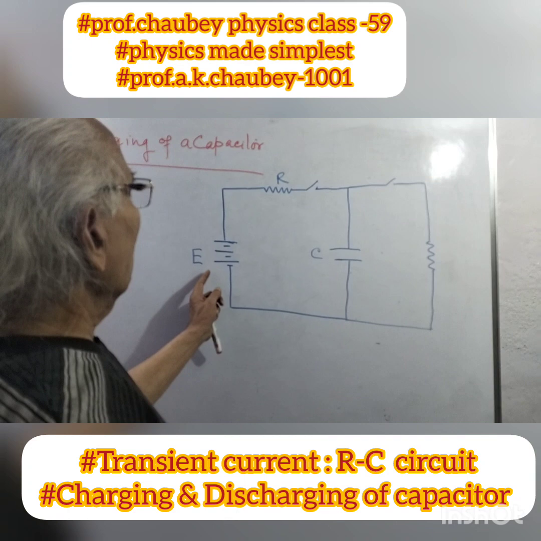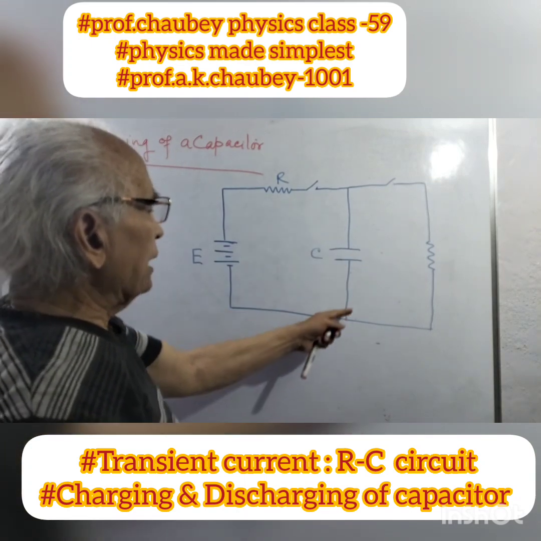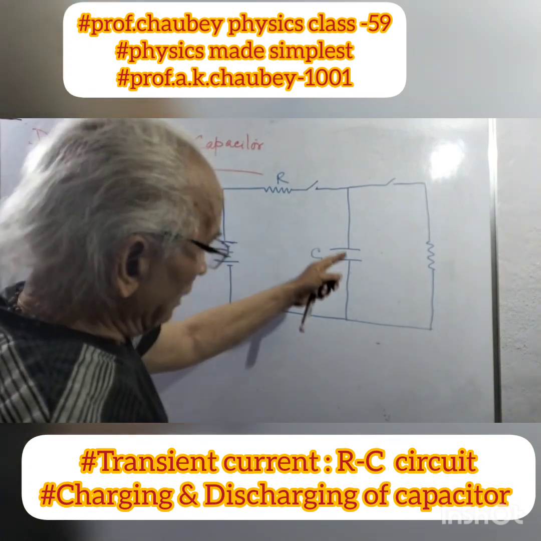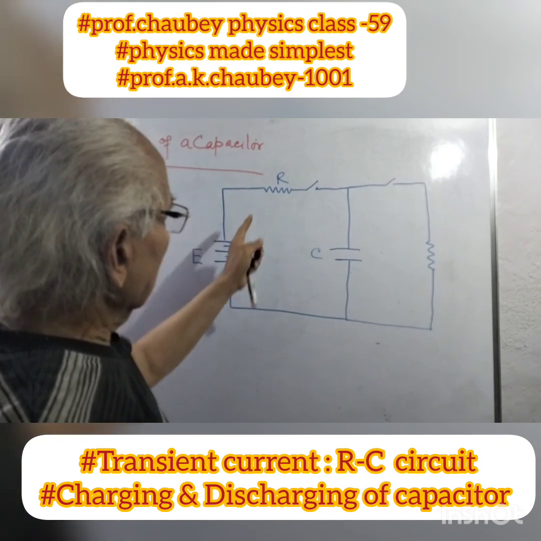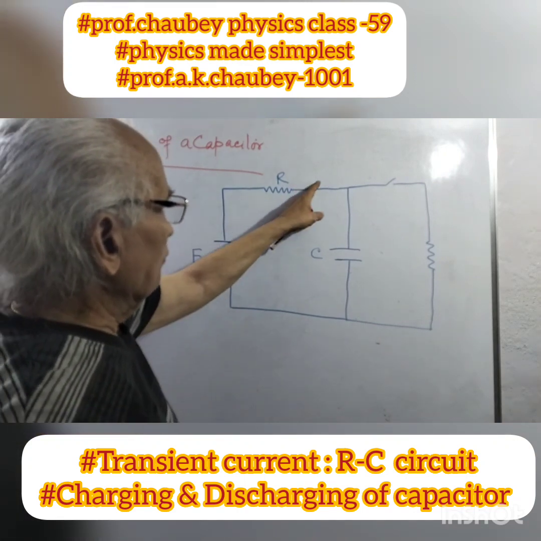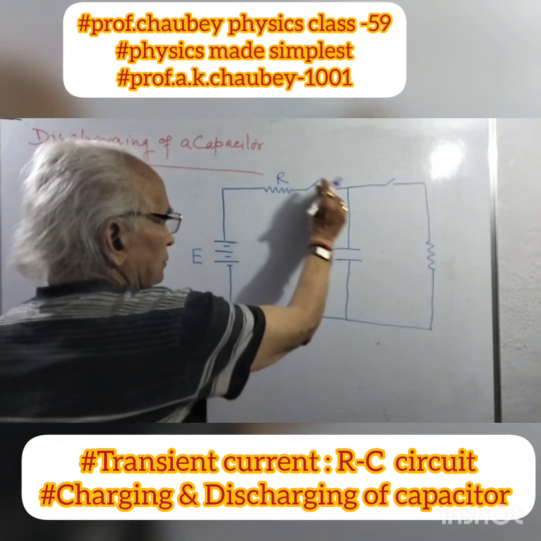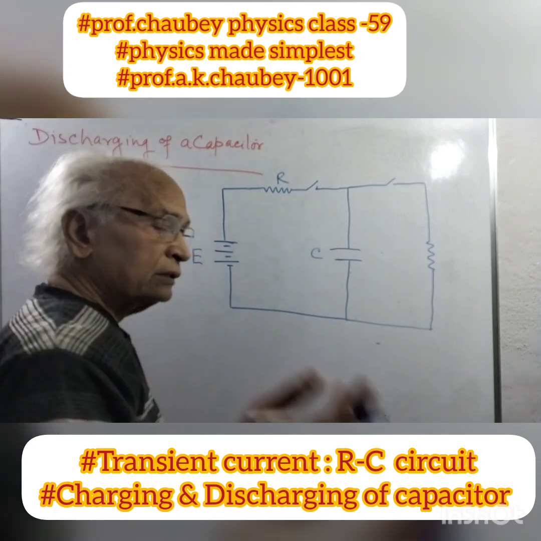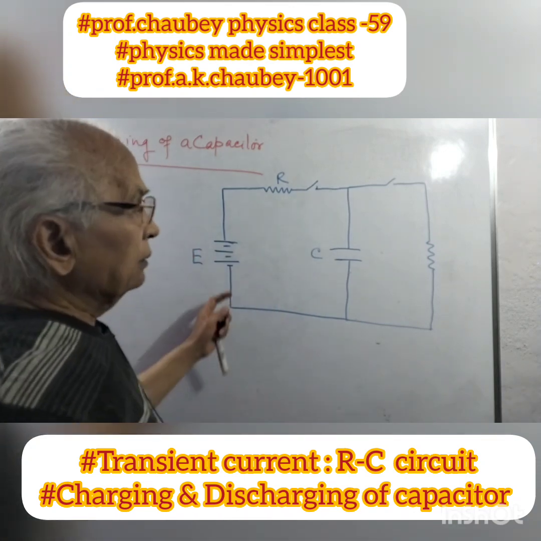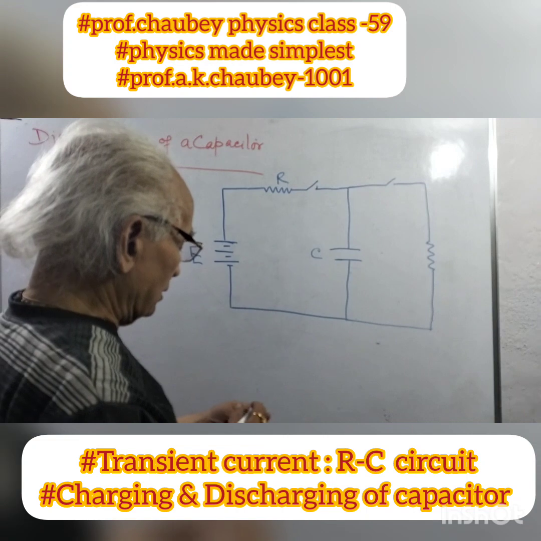So first of all, this capacitor is charged in this circuit. Say that current flows through the R, and we press the key here. This charging takes place. The first part which we have done already, the charging of the capacitor takes place here.